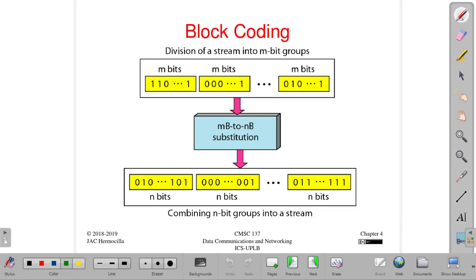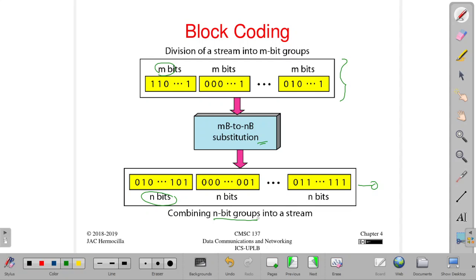So this is how block coding works. We have this original bit stream. This will be divided into M bits, and there is a substitution step wherein these M bits are converted to N bits, and this is what will be sent across the line, the N bit stream.